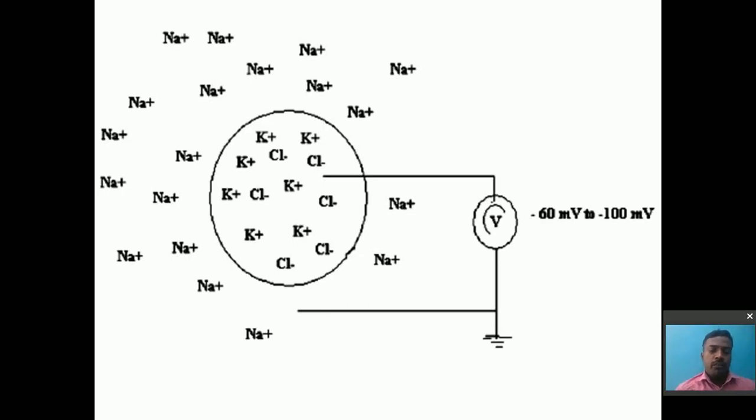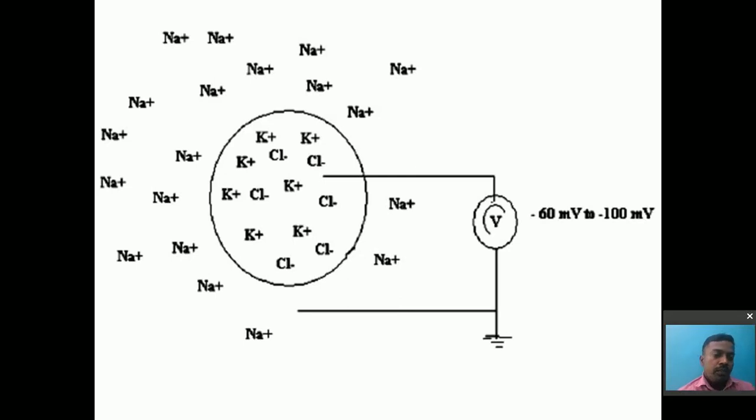Now the voltage is negative. Why is the voltage negative? Because the sodium ion is positive, the ground terminal is connected outside, and the positive terminal of the voltmeter is connected with the electrode inside the cell.